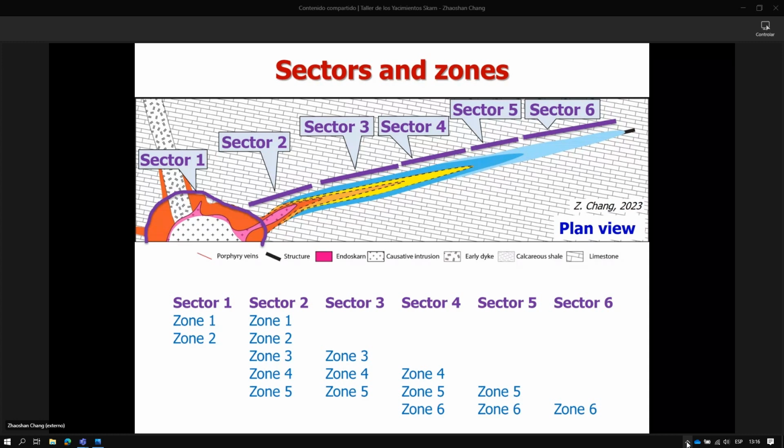Sector 3 is the center: we don't have zone 1 or zone 2, we only start with zone 3, then go to 4 and 5. Sector 4 starts with zone 4, then goes to zone 6. Sector 5 is zone 5 to 6, and sector 6 is zone 6. Okay, I'm still developing this. So if you have more ideas or you see skarns different from this pattern, thank you.